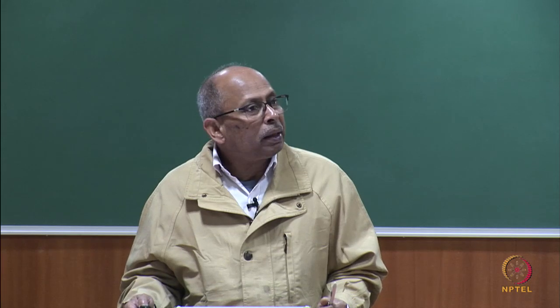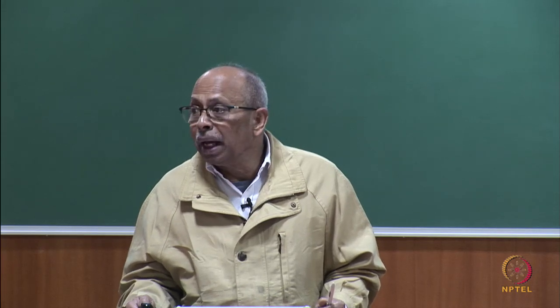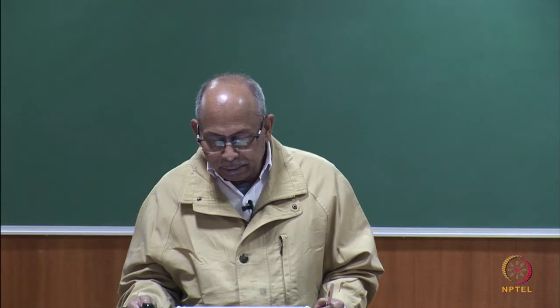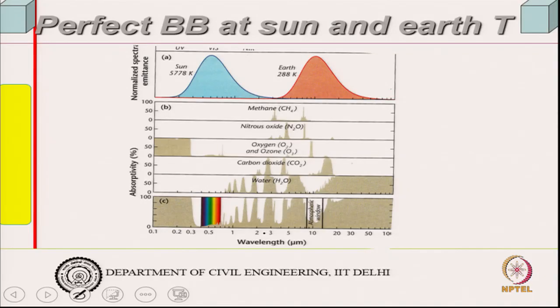So, if you consider the sun as a perfect black body and the earth as a perfect black body, each at their own temperature, you find the sun is at 5778 Kelvin, and the wavelength it radiates belongs somewhere to this range, these are in microns.